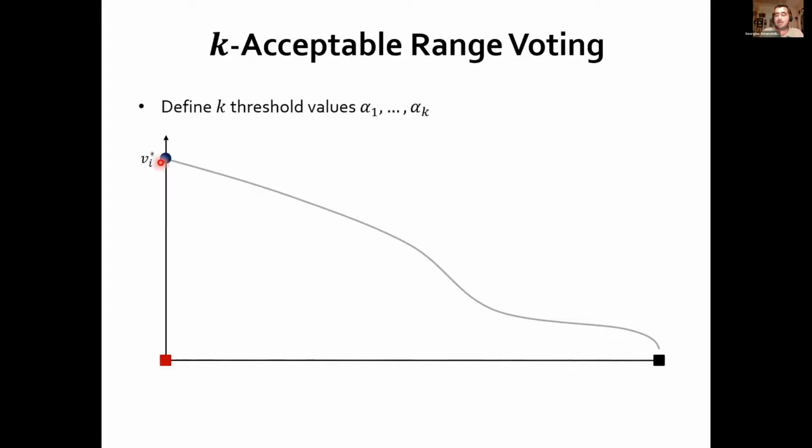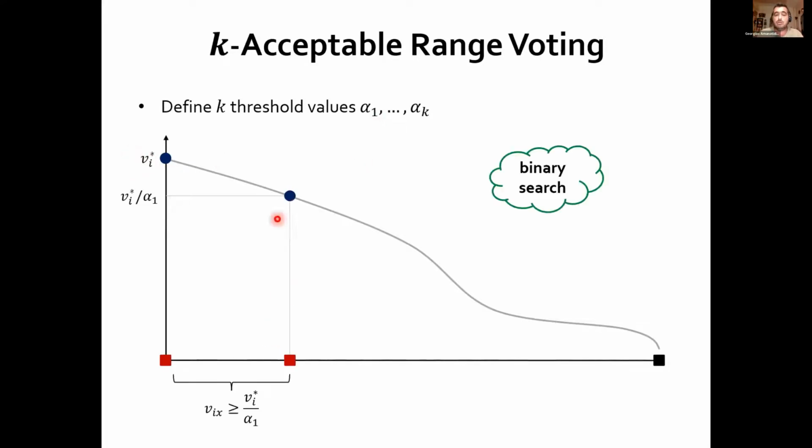Now, instead of asking on the second position, third position, and so on, we define K threshold values, alpha 1 through alpha K. And the idea is we want to pinpoint the position where the value of an alternative becomes v_i star over alpha 1. According to i's ordering, this is position 1. I want to find the position where the value of i has dropped to this, or roughly to this.